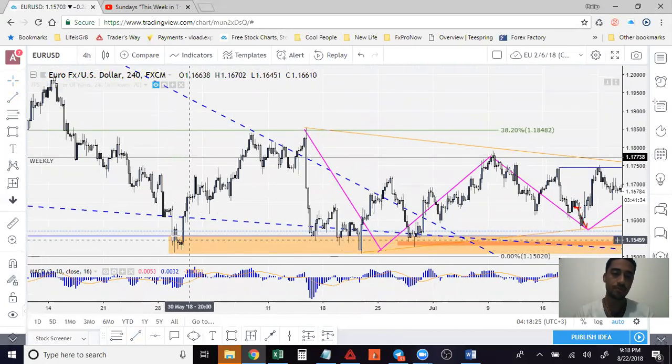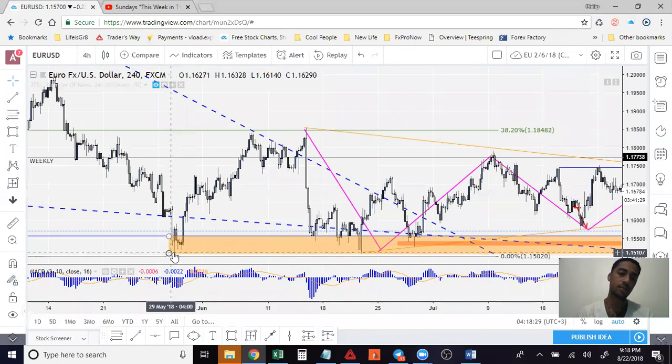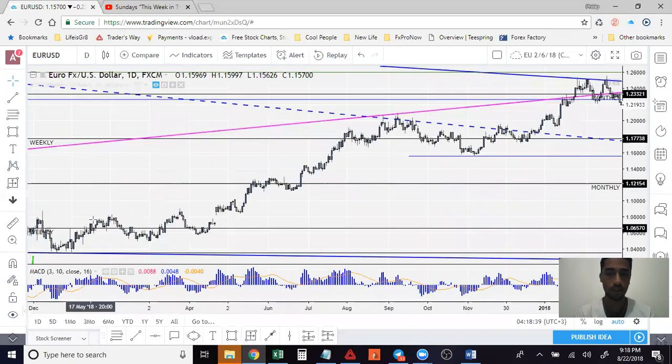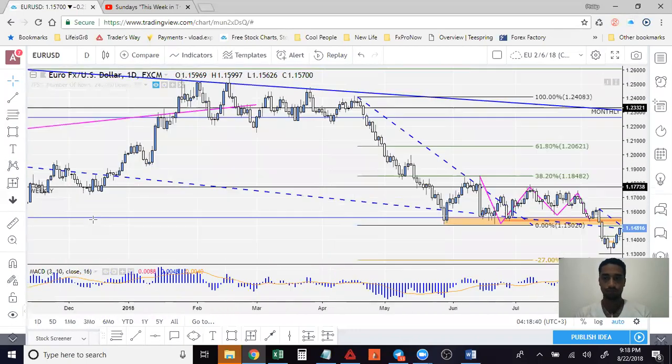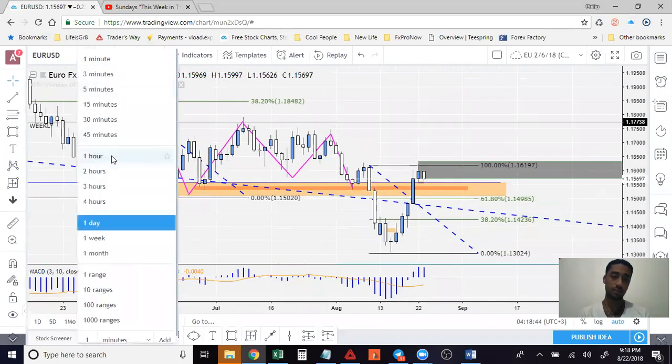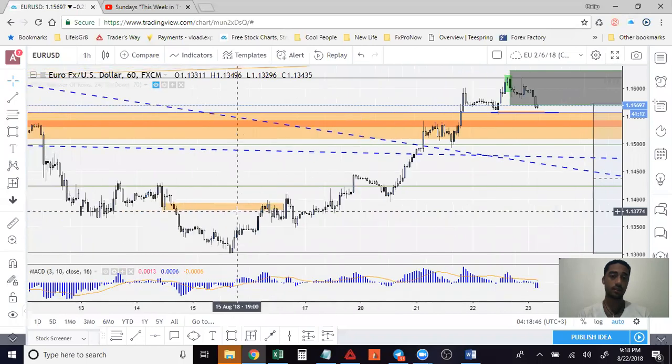The zones are drawn from the previous candle's wick to the breakout candle's body. And this is based upon the daily chart, if I'm not mistaken. Let me just show you guys. No, it's most likely based upon the hour chart, I guess.